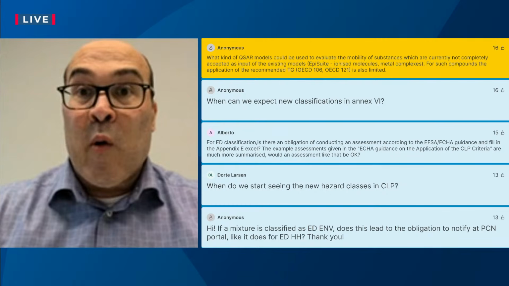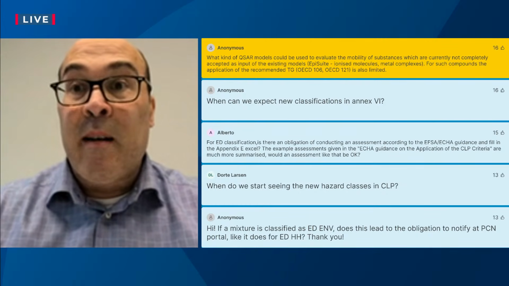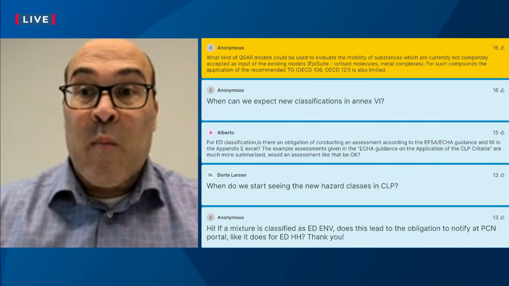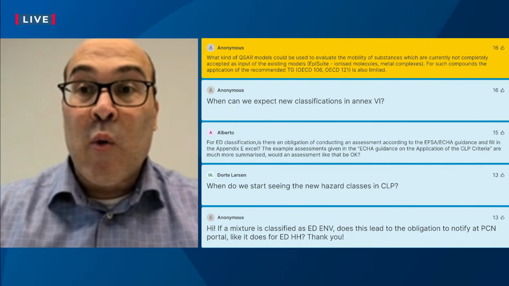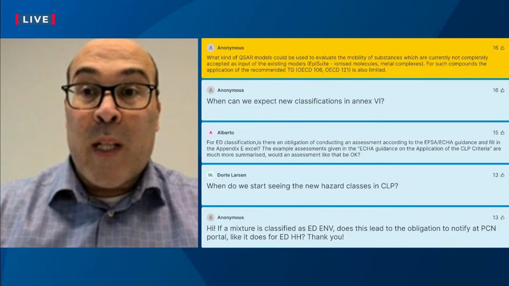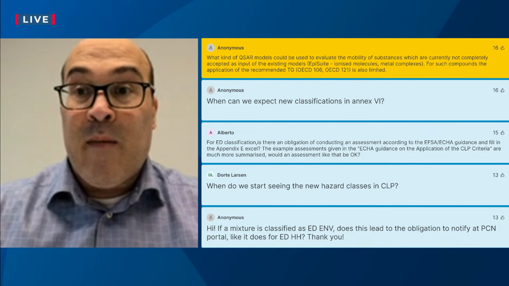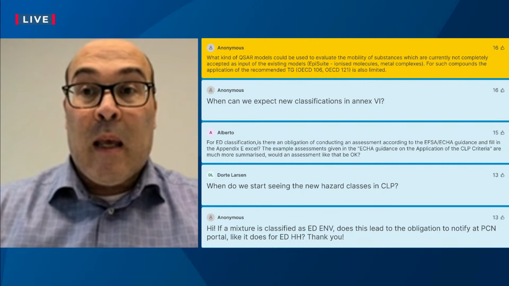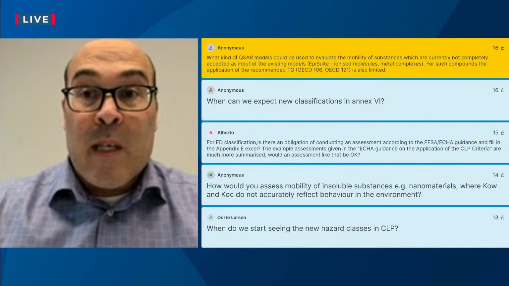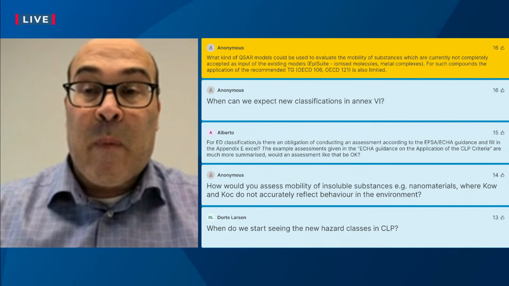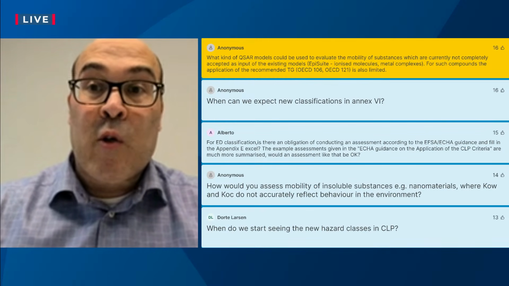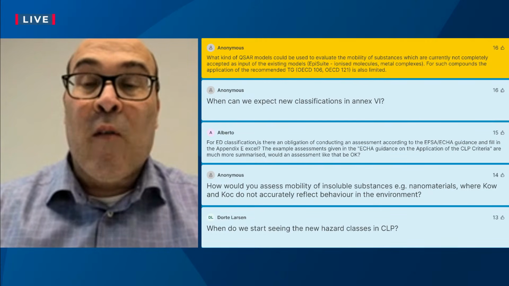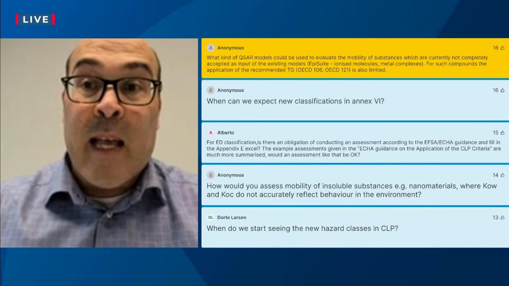either on the development of polyparameter linear free energy relationship type of models or other types of models that could in theory be used. So we decided because of their development stage and for other reasons not to include any examples. And to conclude, I would just like to repeat also that the conclusion on the classification on the hazard class will be a result of the weighing of all available relevant types of information.